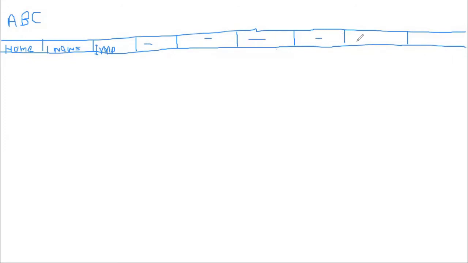And generally, the last tab will be contact us. Last tab you will always find is contact us. After that, this is what we are trying to develop, a website on rural development, and these are the tabs.